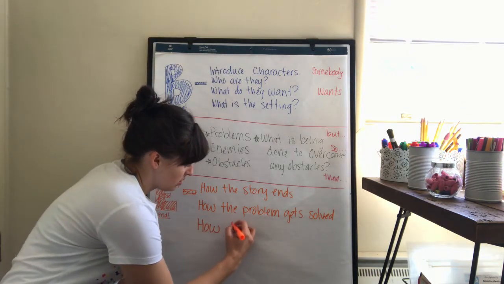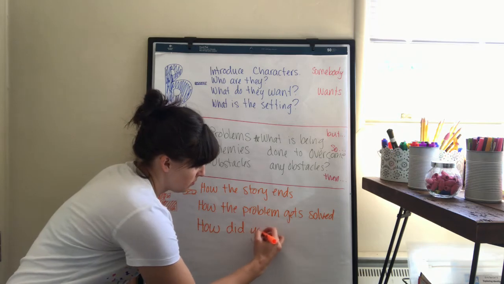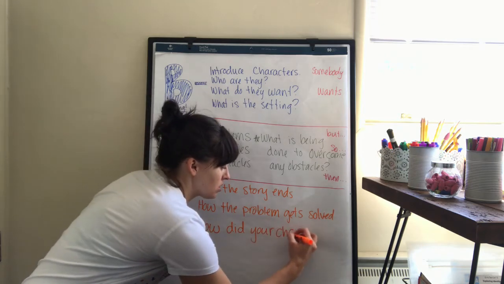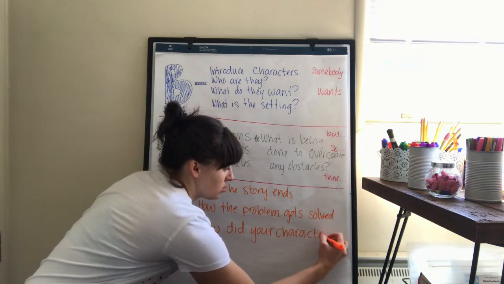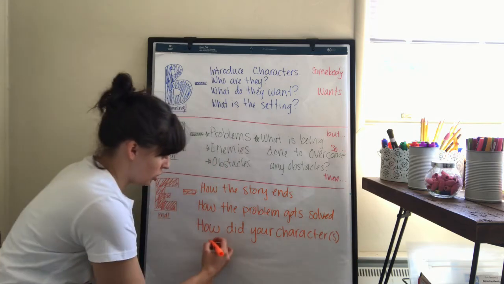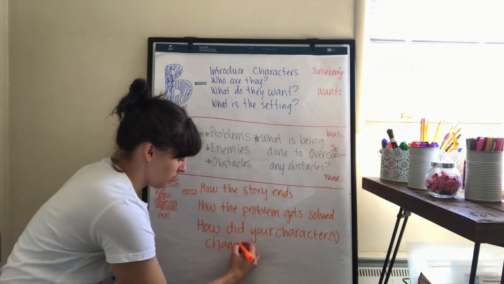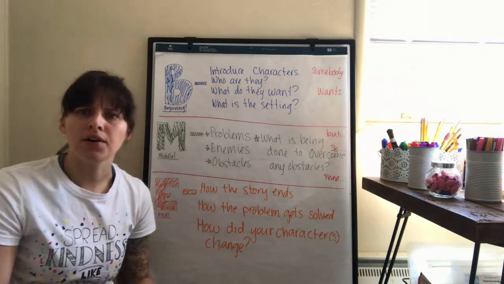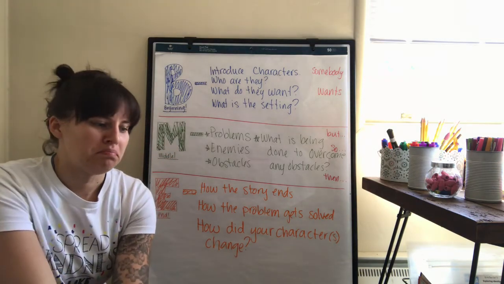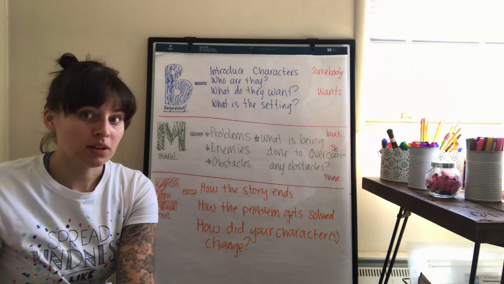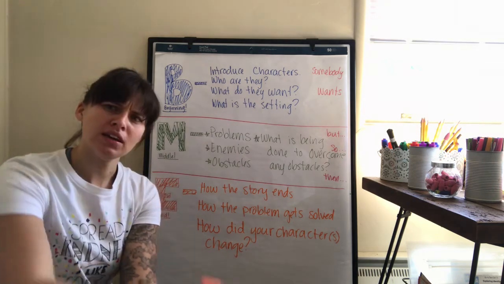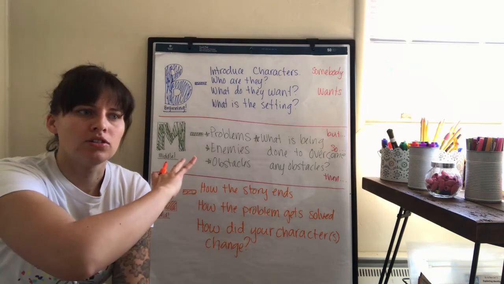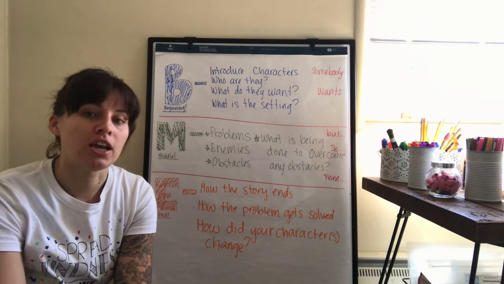How did your character or characters change? Are they nicer now, or are they meaner? Did they learn something? Are they more accepting of people? How, across the story, have they changed?